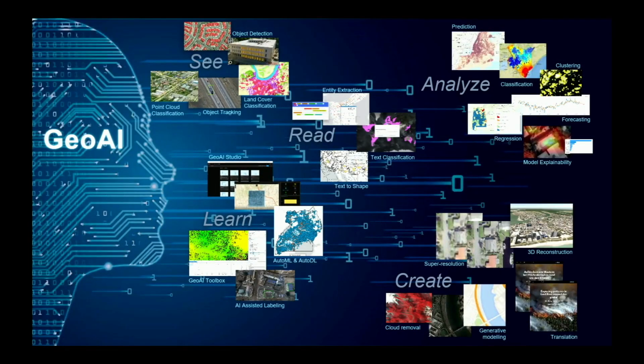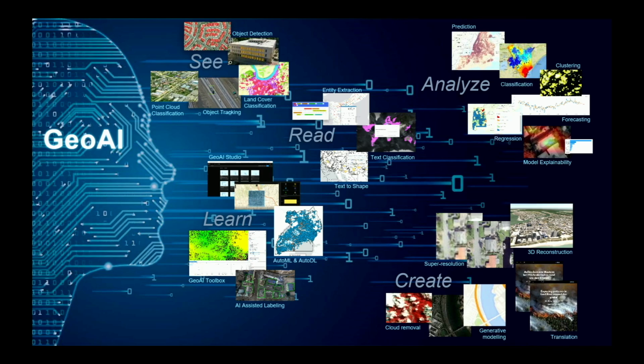All right. So first, a quick primer on what is geospatial AI or what is GeoAI. Now, over the most recent times, machines have been able to do a lot of things. They can see, read, understand, learn, and adapt, analyze data sets, and even create data sets.